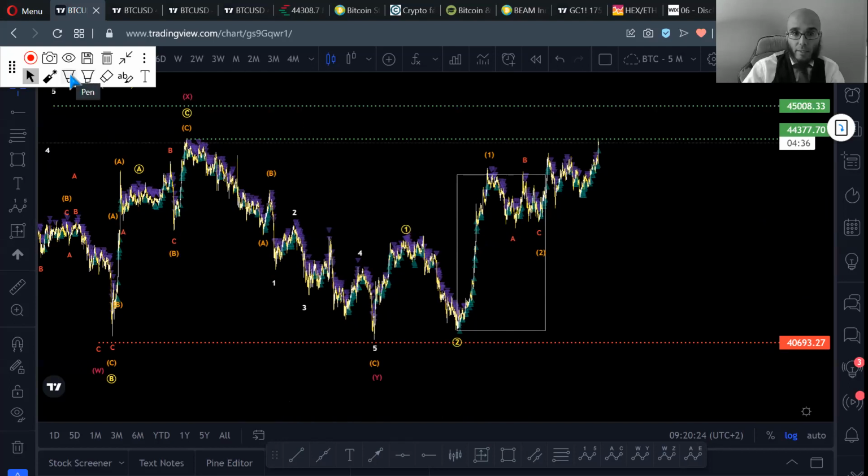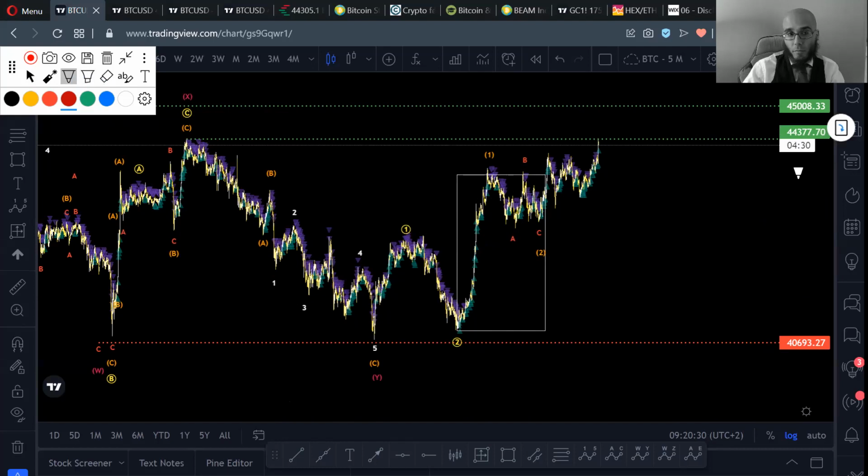You can cancel it as soon as the level of 44,377.70 breaks. Right now we are testing it, but it did not break until now. So that's an important level.